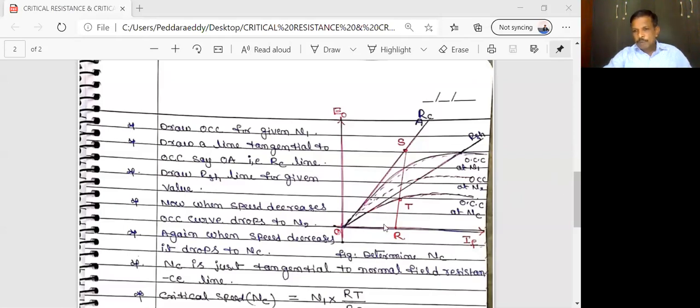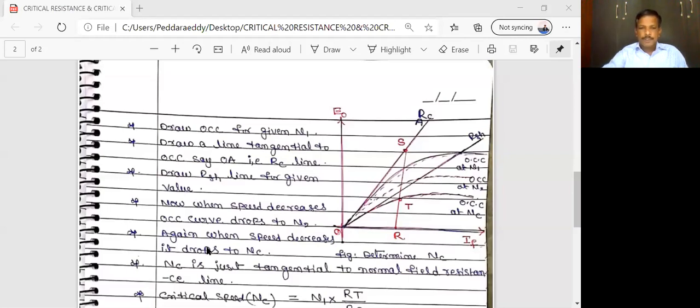Earlier, the line which touches the initial part of the OCC curve was called RC. Here it is reverse: the OCC curve which touches the initial part of the RSH line is called NC. We can also say it another way: the curve that touches this RSH tangent is called the critical speed curve.